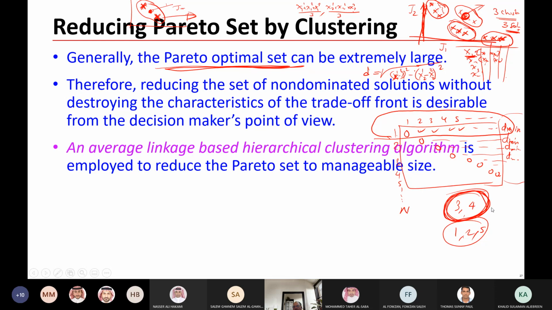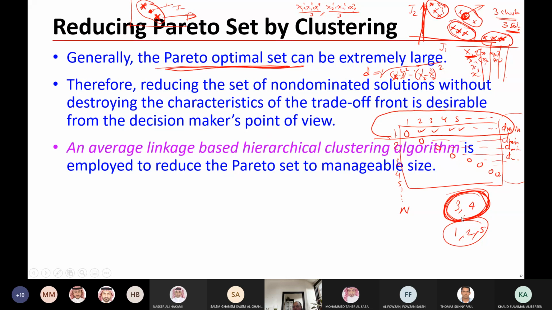As we mentioned here, we calculate the distances and we get the minimum, and we take the minimum of the minimum, and we consider them as a cluster. So this becomes one cluster.